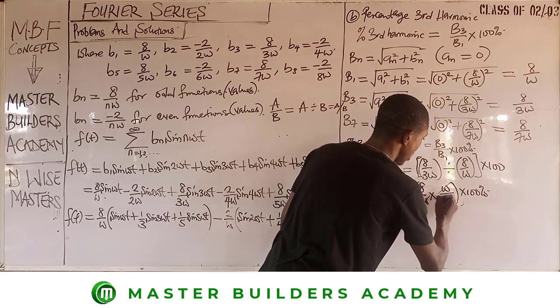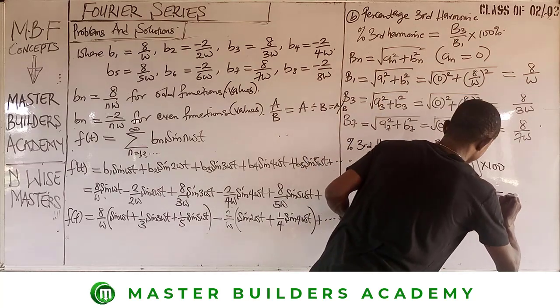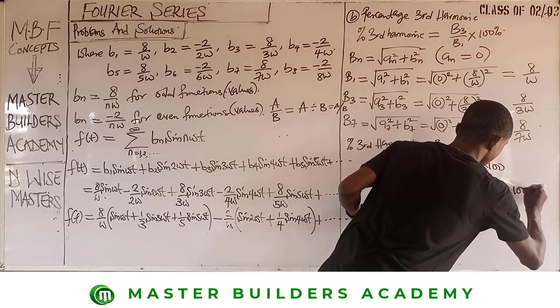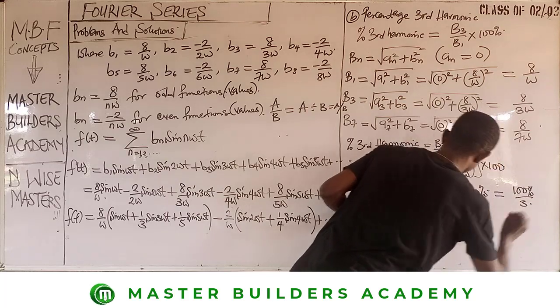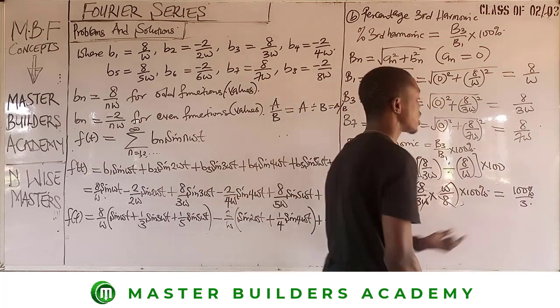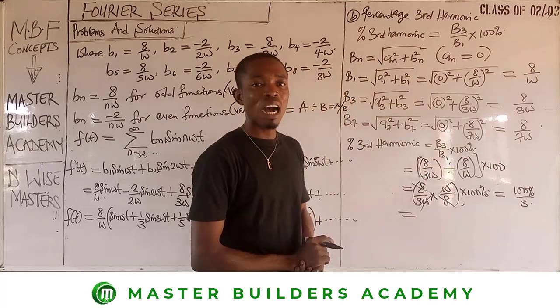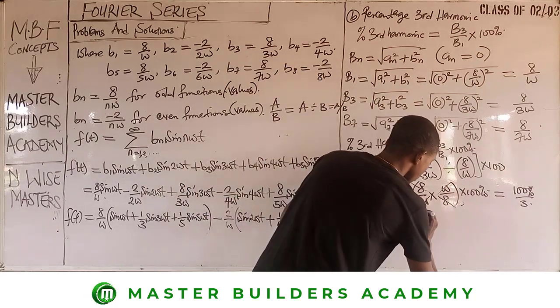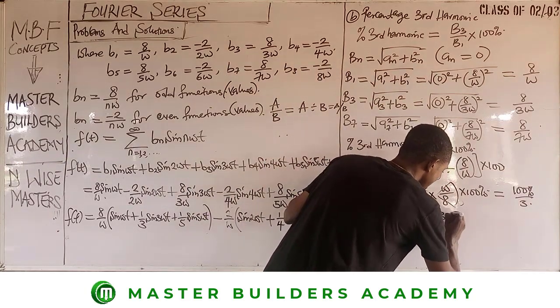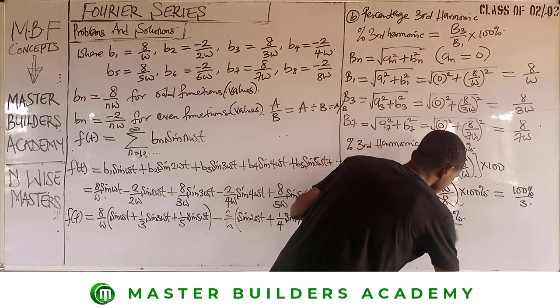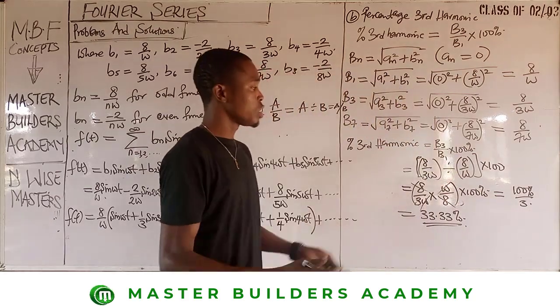W takes care of W, 8 takes care of 8. We have this as 100% over 3. So our percentage third harmonic, if we divide 100 by 3, we will have this as 33.3333%. This is the answer to this very question.